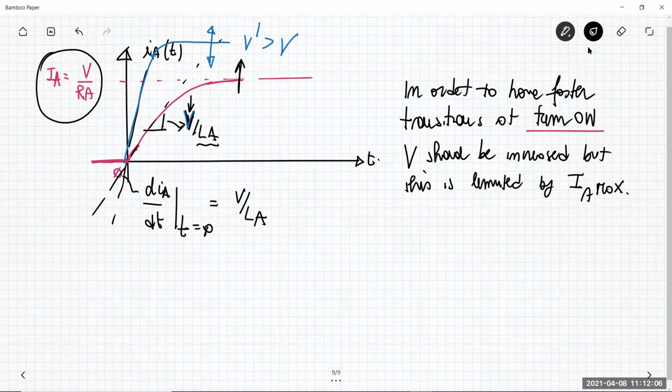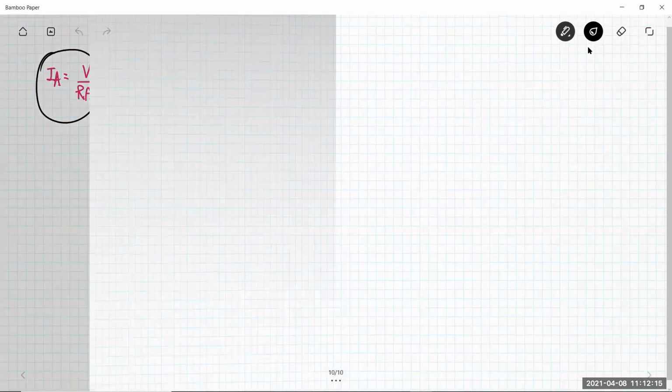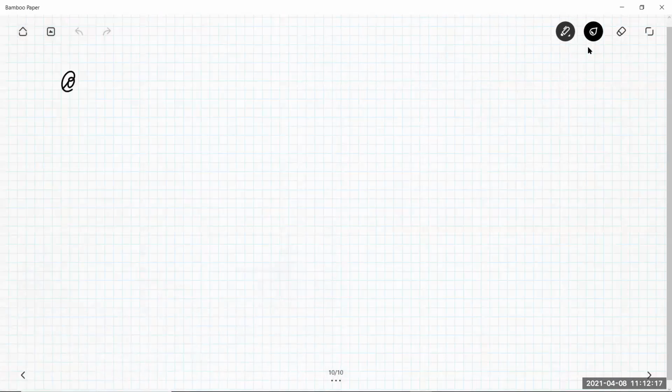You have this variation and you don't know how to increase it, but see what happens at the turn off. At turn off, you have your switch completely conducting, and then you instantaneously command the switch to become an open circuit.